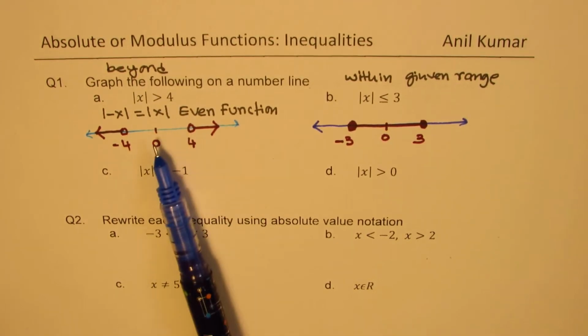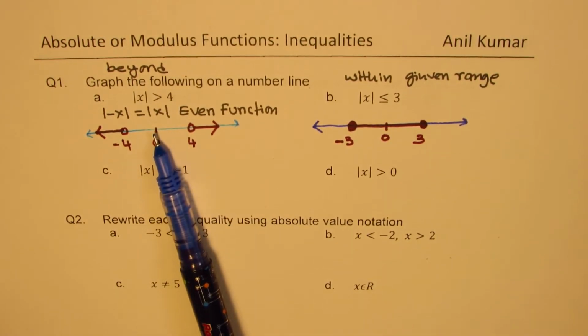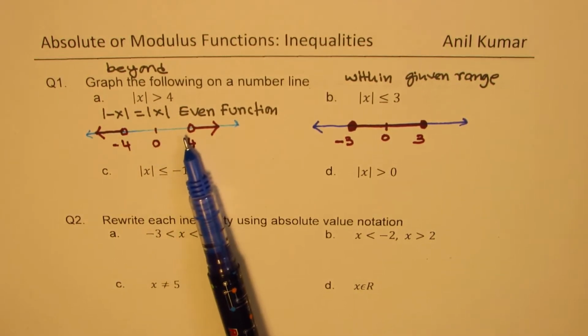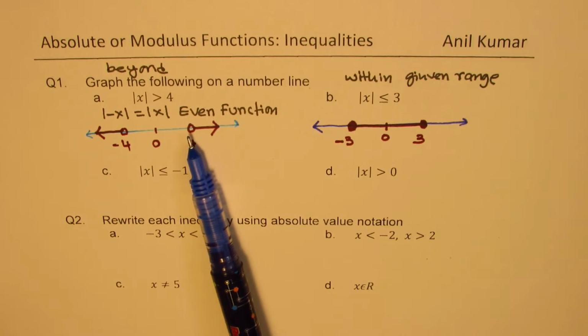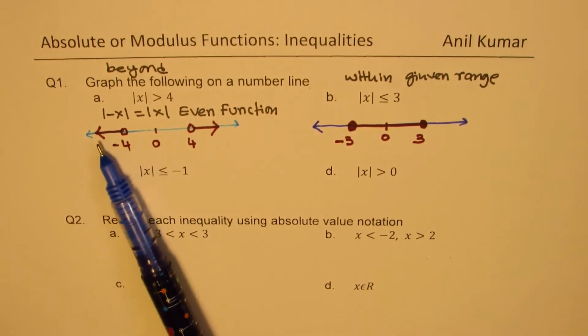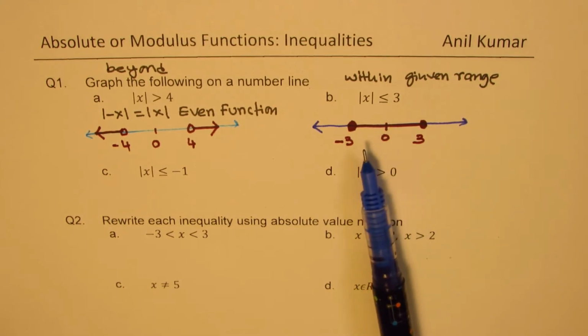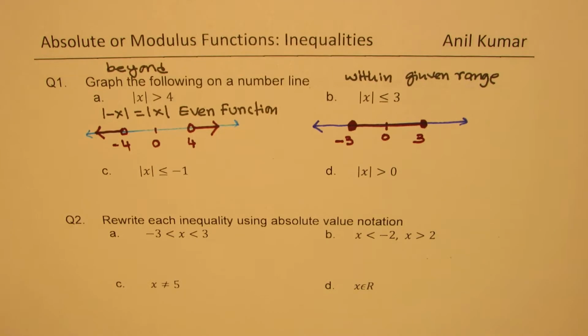That's the airport for you in that case. And where you are staying, anywhere beyond this radius of 4 kilometers or 4 miles or whatever, right? So that is how you could actually think about absolute functions. Then it becomes extremely simple to sketch or get the answers, correct?